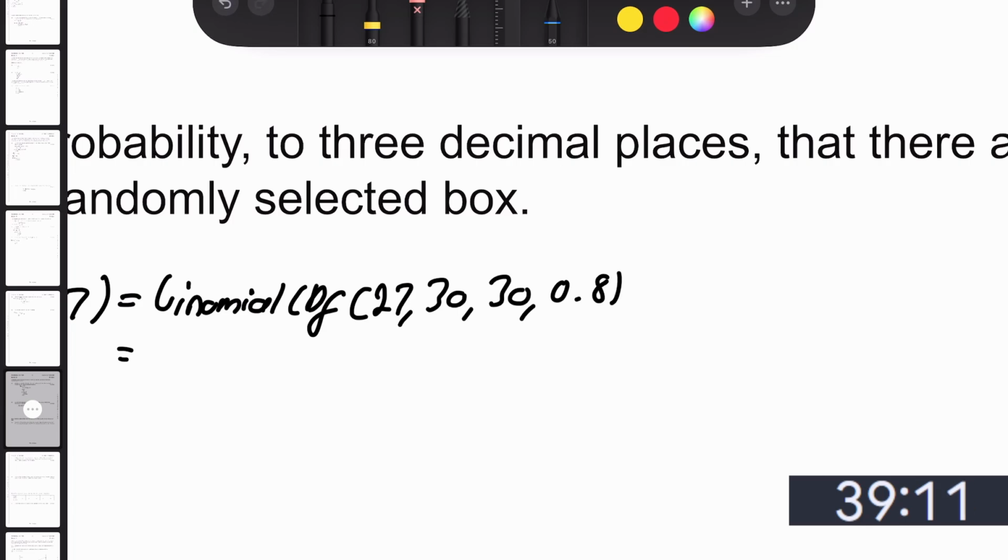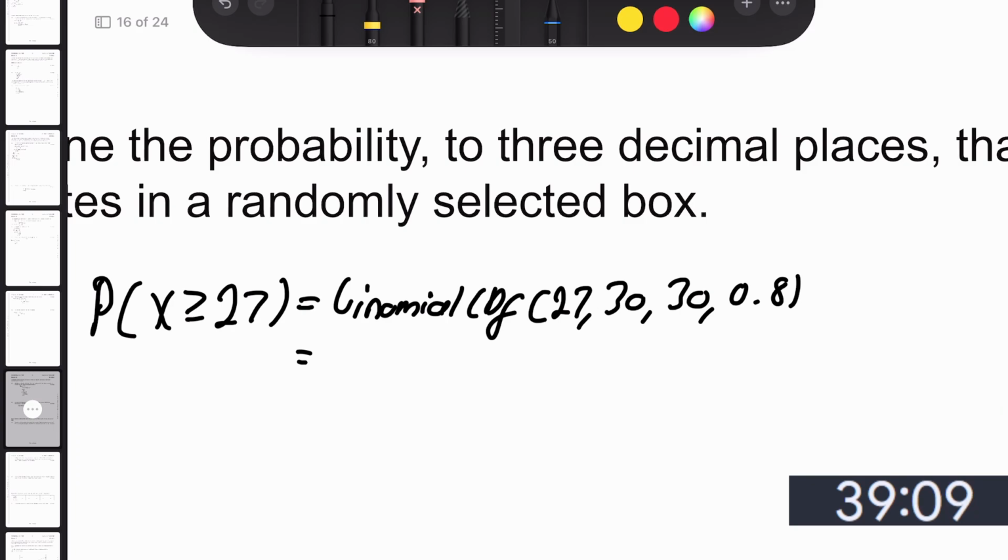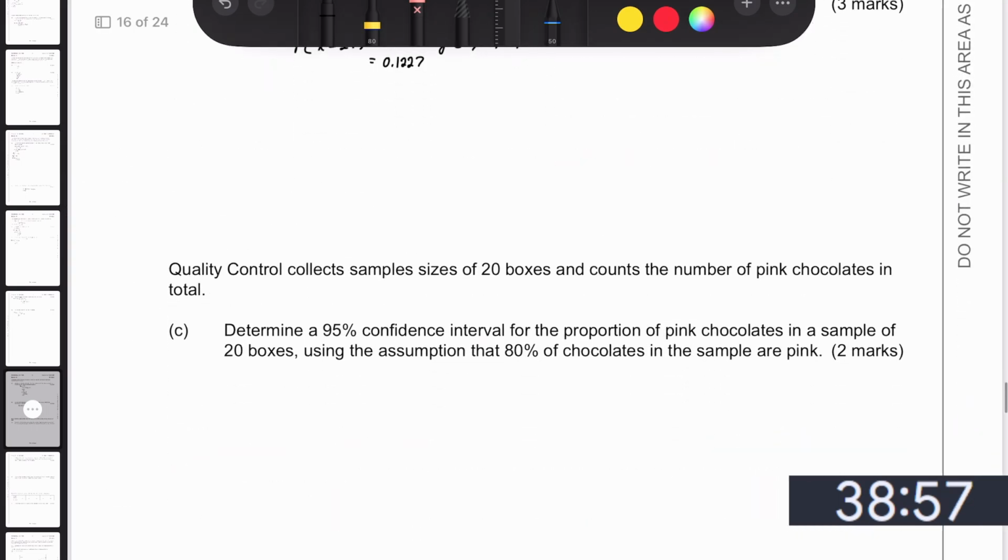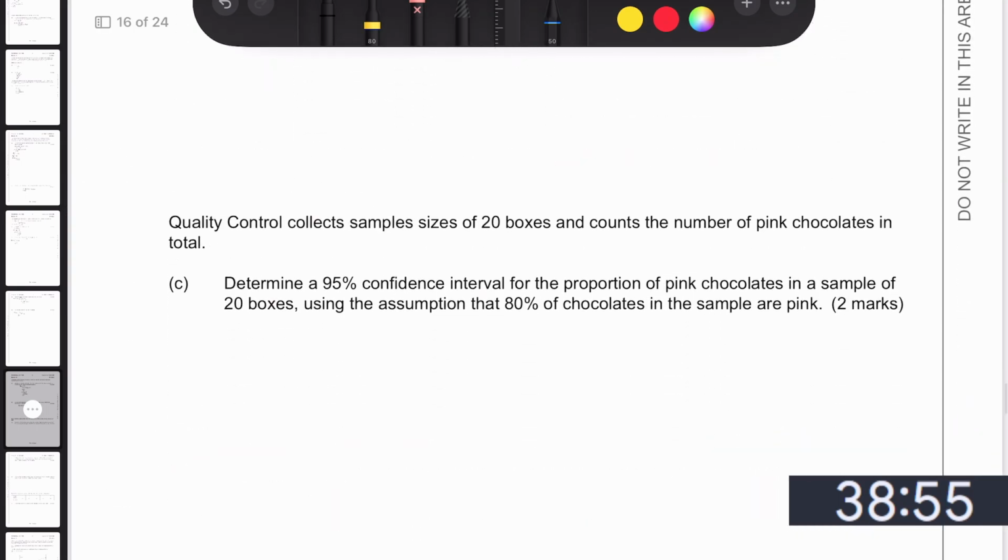Now I'll put this into my calculator. So binomial CDF 27 to 30 of 30 over 0.8 is 0.1227. Alright, 4 decimal places, no rounding. Yep.